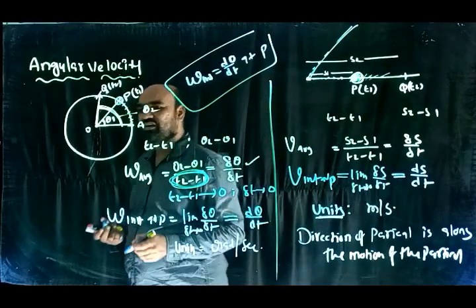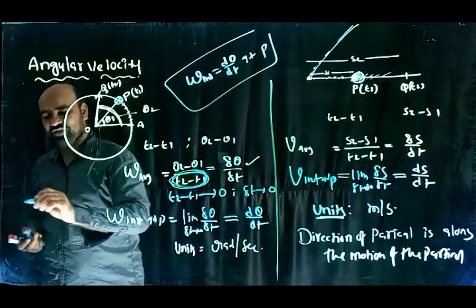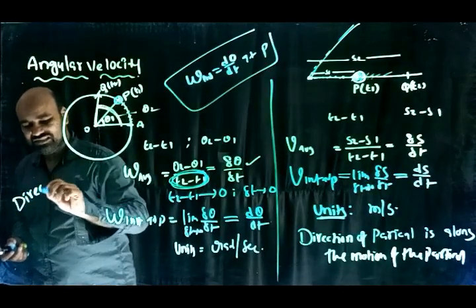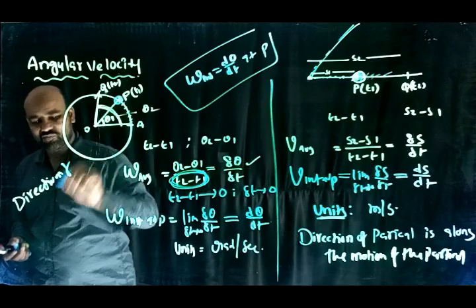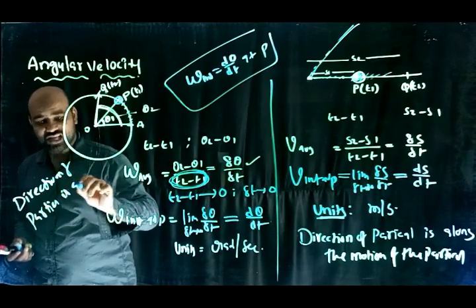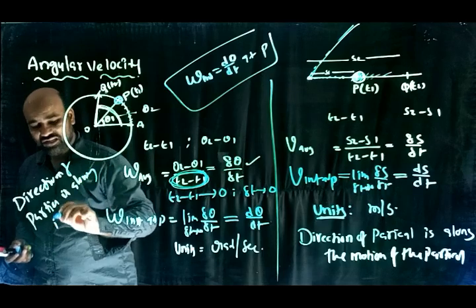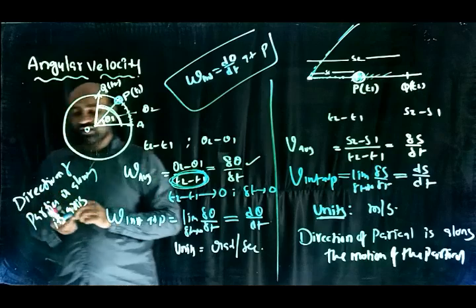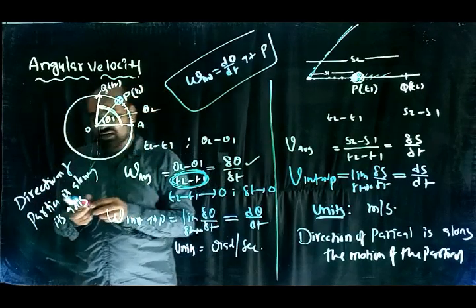But here we need to find the direction of angular velocity at P. This is interesting. The direction is along its axis.